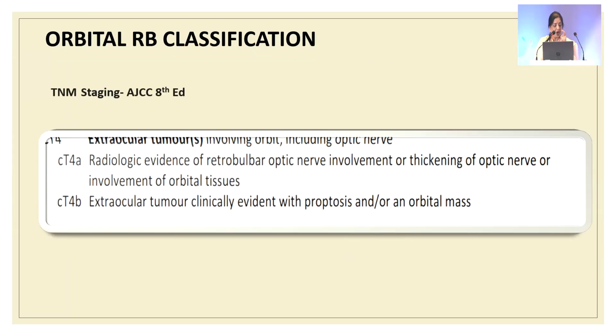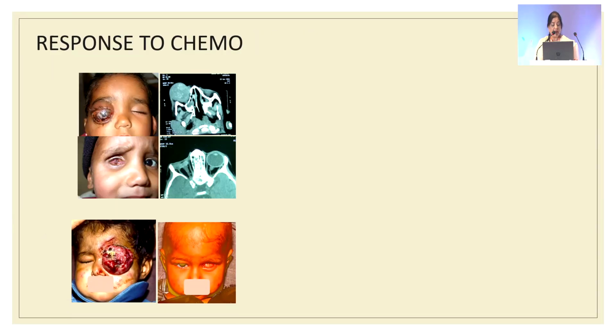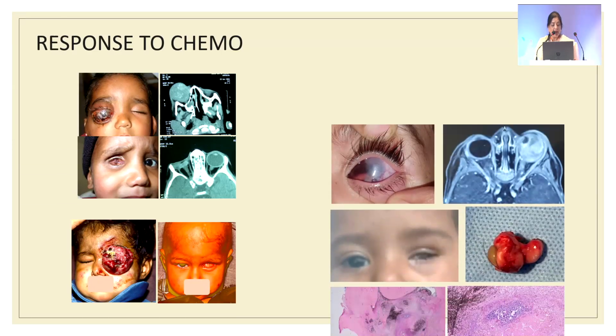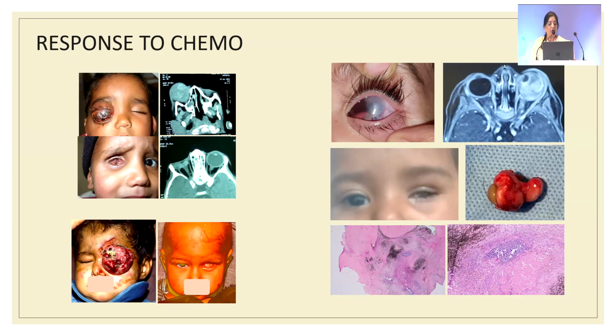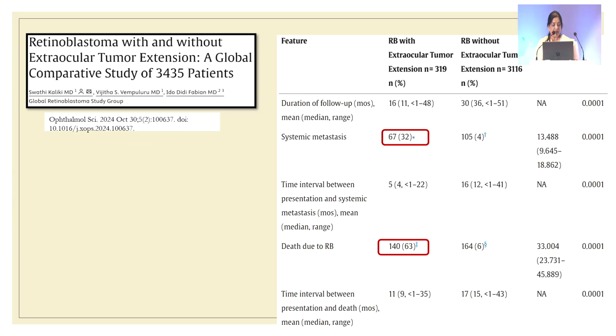Orbital retinoblastoma comes under cT4a and b, and response to chemotherapy could be complete as seen over here, or it could become phthisical, and then it's enucleated as seen here. In surgery, the main aim is to remove all the residual microscopic tumor, getting a long optic nerve stump, and preoperative MRI and CT can help in guiding the surgery.